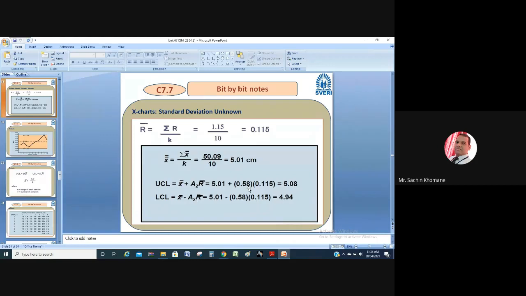X double bar, all of us know 5.01 plus A2 value, round figure 0.58. And what is the R bar which we have calculated above? 0.115. Now you will get UCL. Just see, is it correct? Make the calculation. 5.01 plus 0.58 into 0.115.